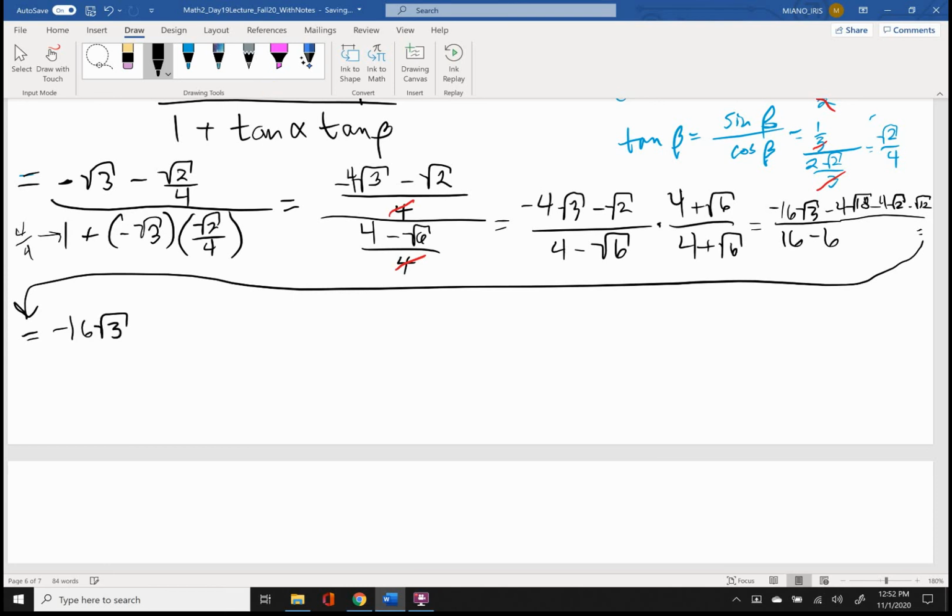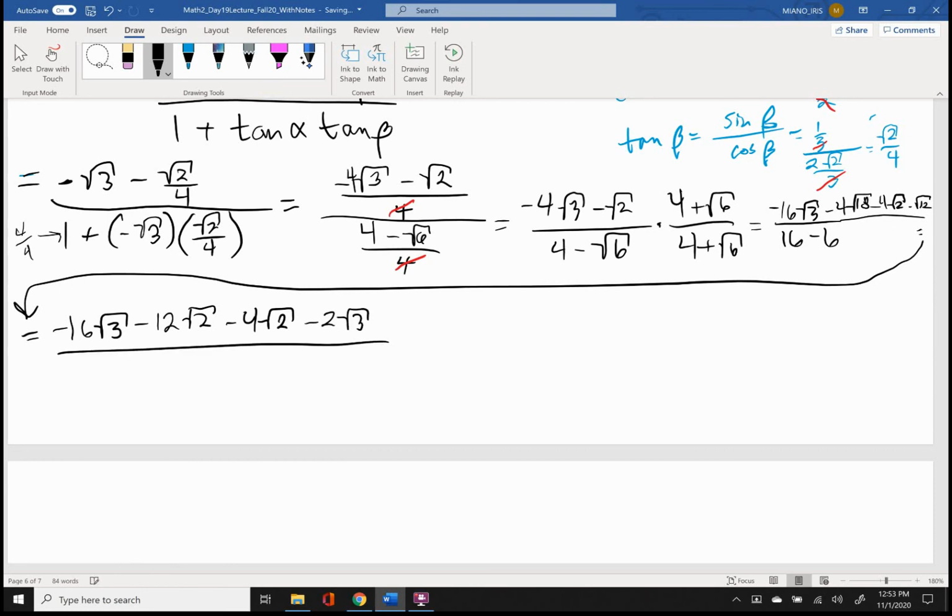Let's simplify the radical stuff. This root 18 simplifies to 3 root 2's, but the 3 multiplies to the 4 that's out in front, so it becomes a minus 12 root 2. And then we're going to subtract off the 4 root 2, which can't be simplified any further, but the root 12 certainly can, and that'll become a minus 2 root 3.